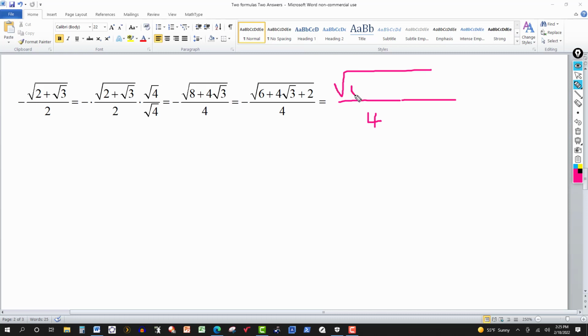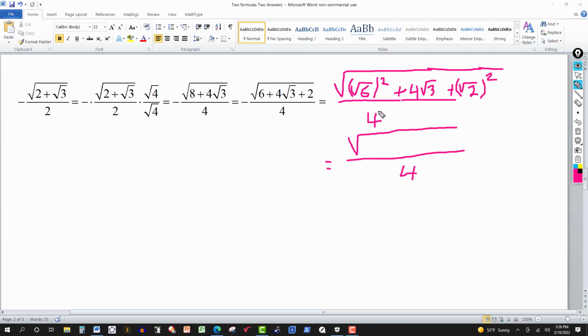Six, I wrote it as the square root of 6 squared, times the square root of 3. Plus, and then I wrote this radical 2 squared. So now let's look at this.